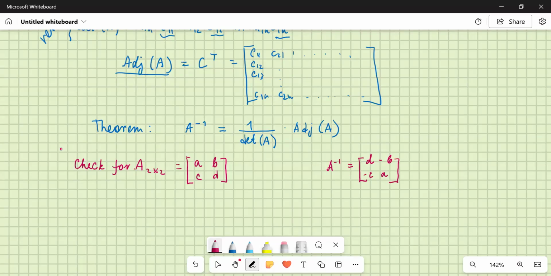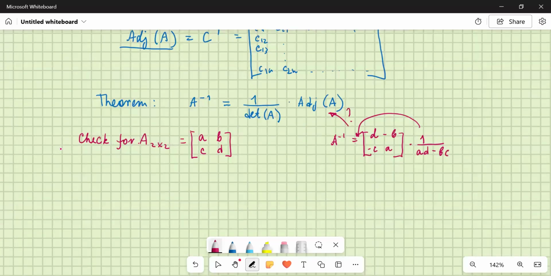Let's see if this formula is going to work too. Is it going to work? Same way. And I forgot to mention 1 over AD minus BC. Sorry, that's a coefficient. Just sit over here. I don't want to copy everything. Okay, let's try to use this formula.